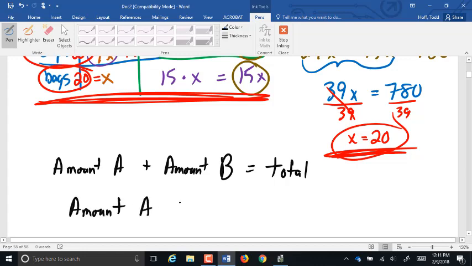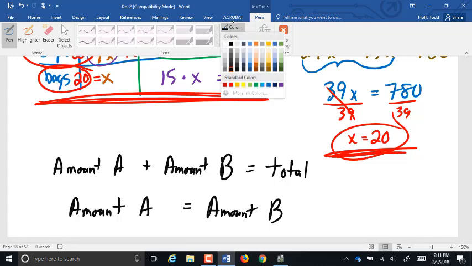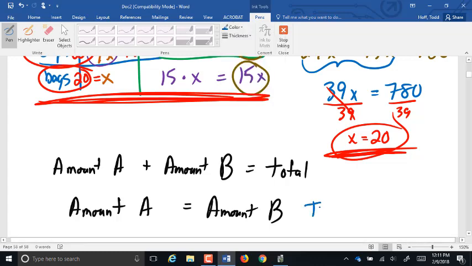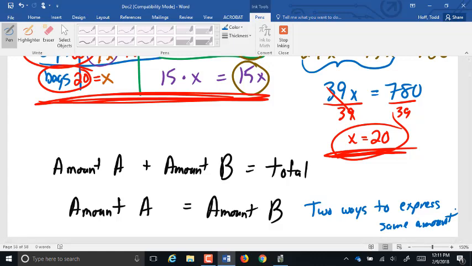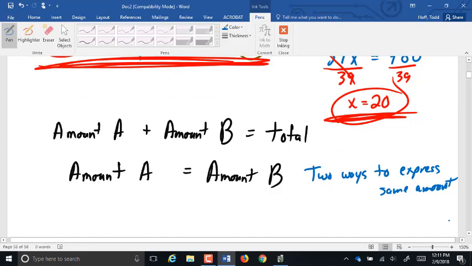One of them is amount A has to equal amount B. Often this is where we find two different ways to express the same amount. In geometry problems, this happens a lot when you have two angles that have to be the same, and you solve to see where they are. Or opposite sides of a rectangle are labeled with two different formulas. You know they have to be equal, so you can set them equal and solve.